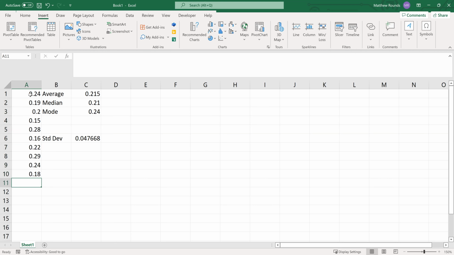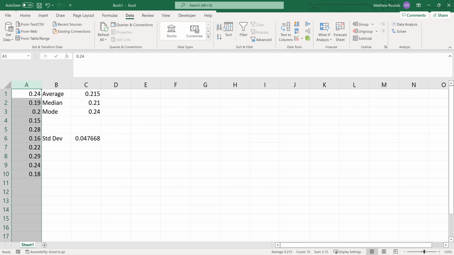It's recalculating the cells. Now, another thing you can do in Excel that I think is pretty useful here is you can sort the data and put it into smallest to largest. And there you go. And then it's a little more readable here. One of the reasons you might not do that is because you want to check that you've got all the data points and make sure that they're in order.